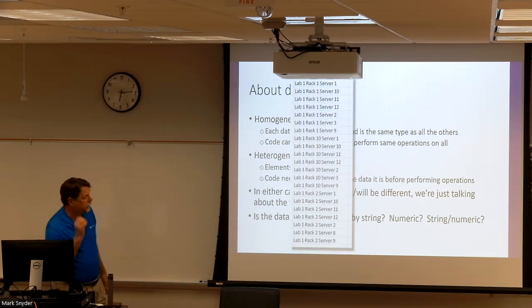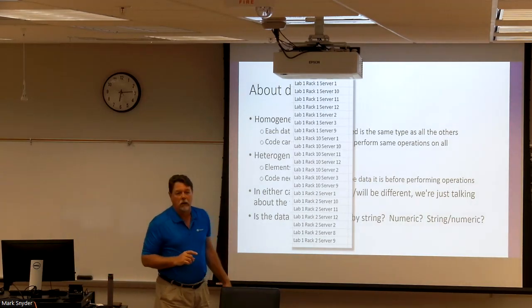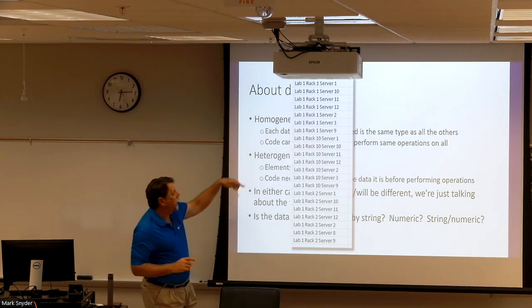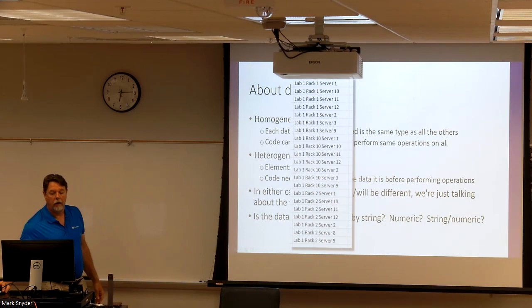I've got some examples here. This is just a bunch of strings that I typed into Excel. And you notice how they are sorted. The first one is 1, then it jumps to 10 and 11 and 12, then back to 2, because when considered as a string, this is the proper way to sort a string of characters, right?